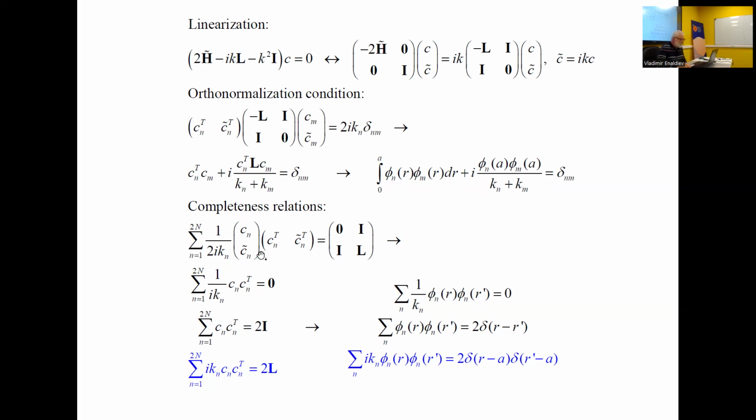And the second important thing: the set of eigenvectors of this generalized eigenvalue problem, of course, constitutes a complete set in the space of dimension 2 times n. But this completeness relation has this form. On the right, we have not the unity matrix, but the inverse of the weight matrix. But this is just the ordinary completeness relation in a finite-dimensional vector space for a finite-dimensional linear algebraic eigenvalue problem.